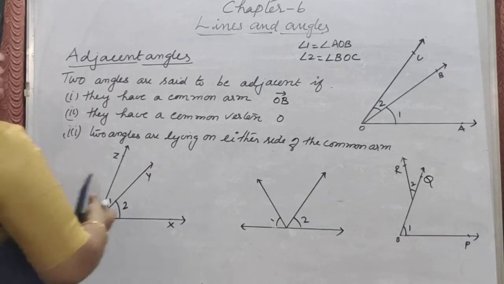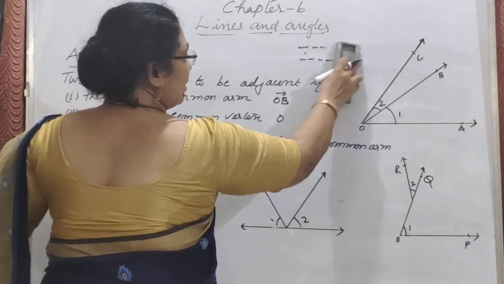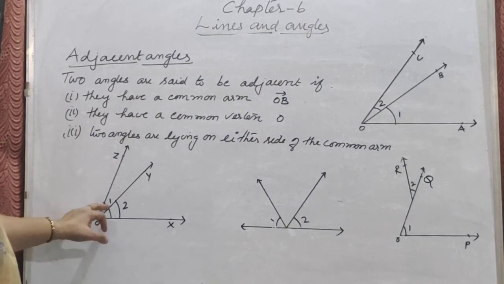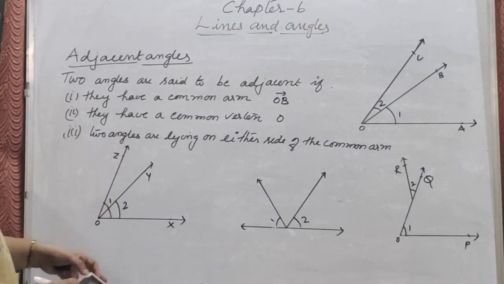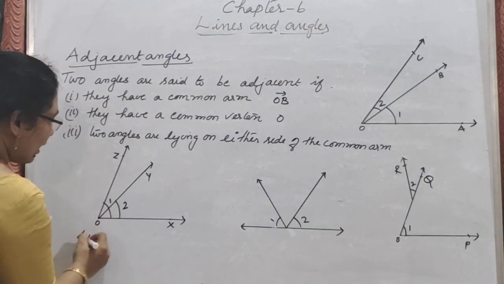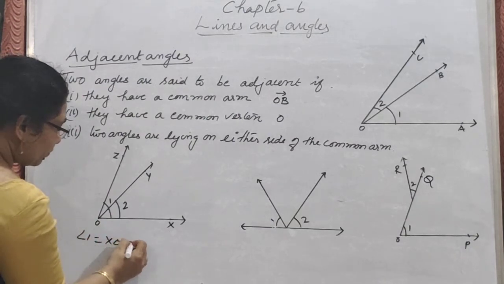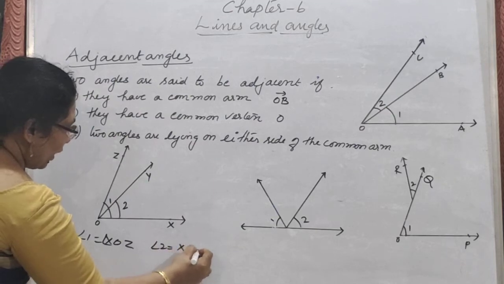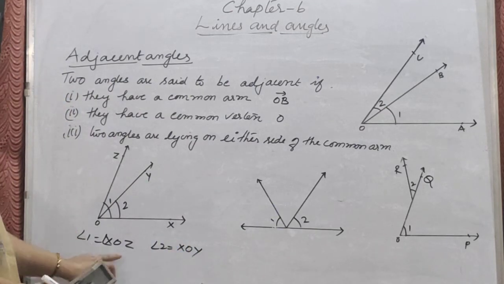Now see the definitions. See the examples. I have given 3 examples. Let us see the diagrams. I have marked angle 1 here and angle 2. So angle 1 is which angle? XOZ. And angle 2 equal to XOY. Here the common vertex is satisfied.